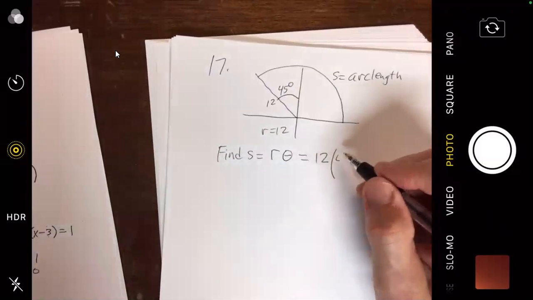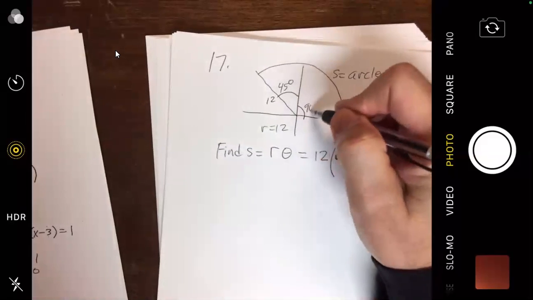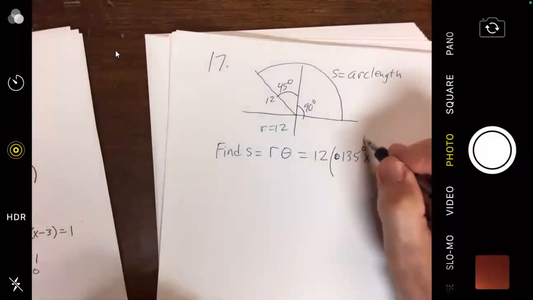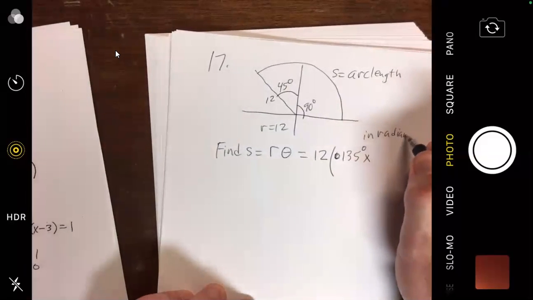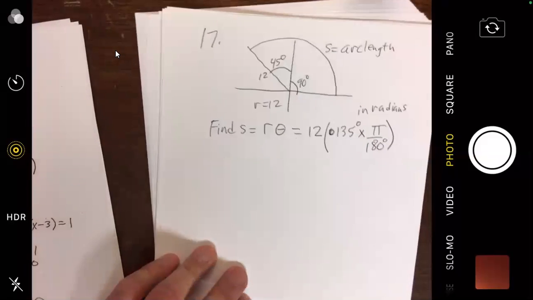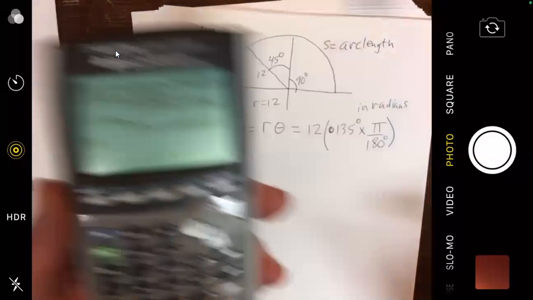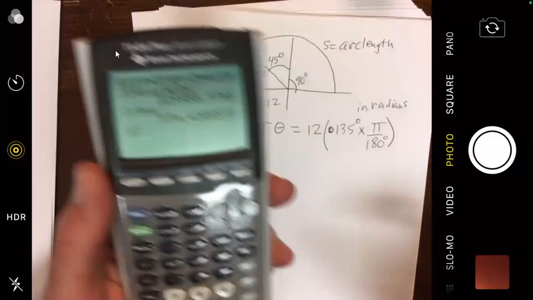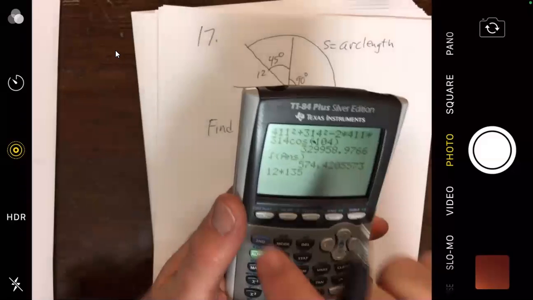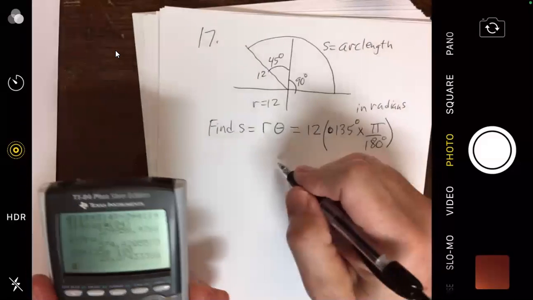Theta is 135 degrees: you've got 90 here, plus your 45 is 135 degrees. But you remember, it's got to be in radians. So we're going to multiply by pi over 180 degrees. It'll be 3 pi over 4. So we've got 12 times 135 times pi over 180, which is 28.27.